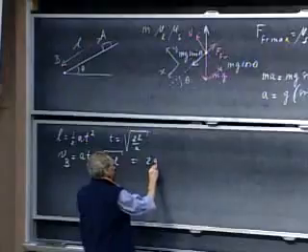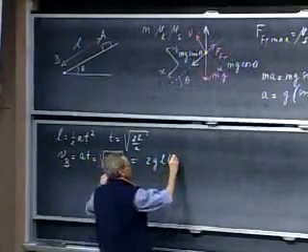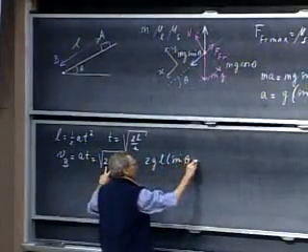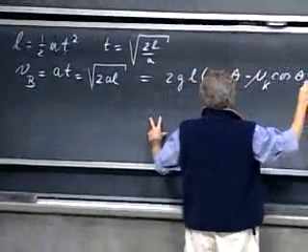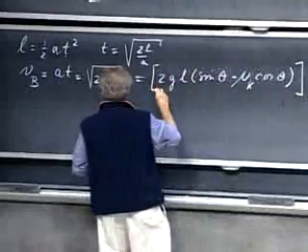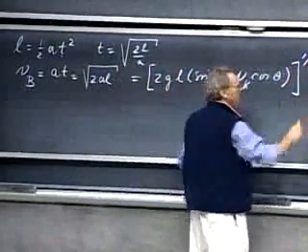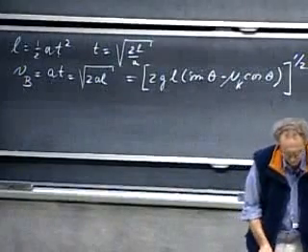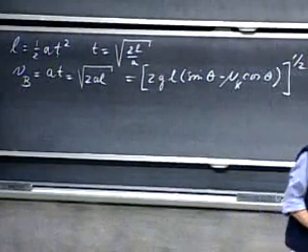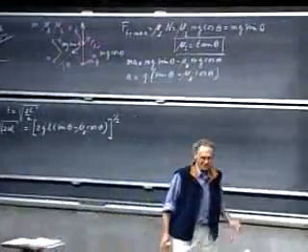So we get 2gL times the sine of theta minus mu k times the cosine of theta, and the whole thing to the power 1/2. That is the speed at point B. I, however, would not do it that way. I don't find it very elegant.